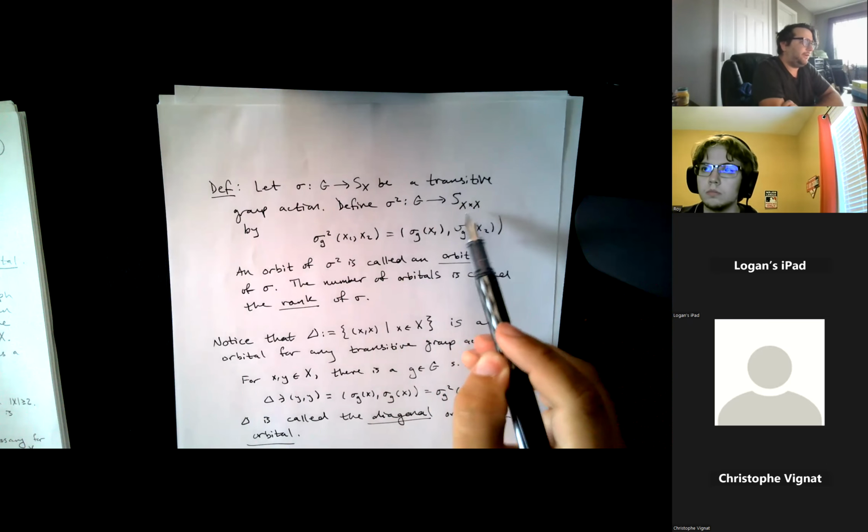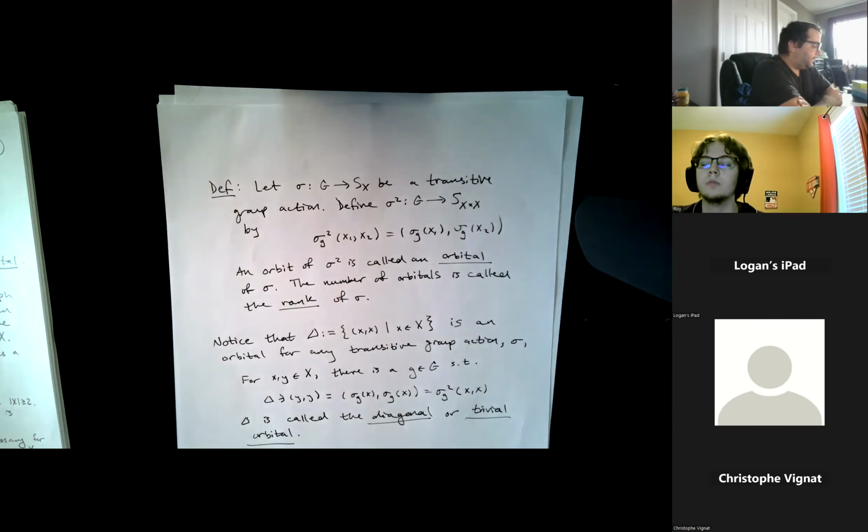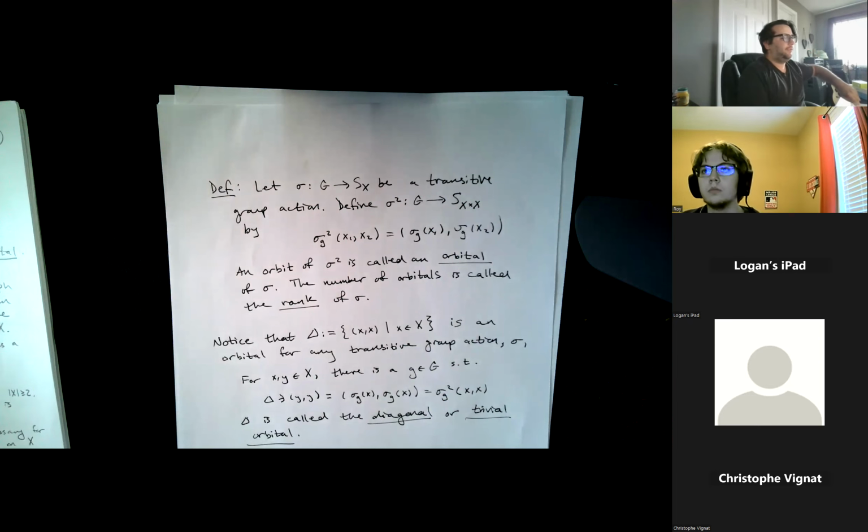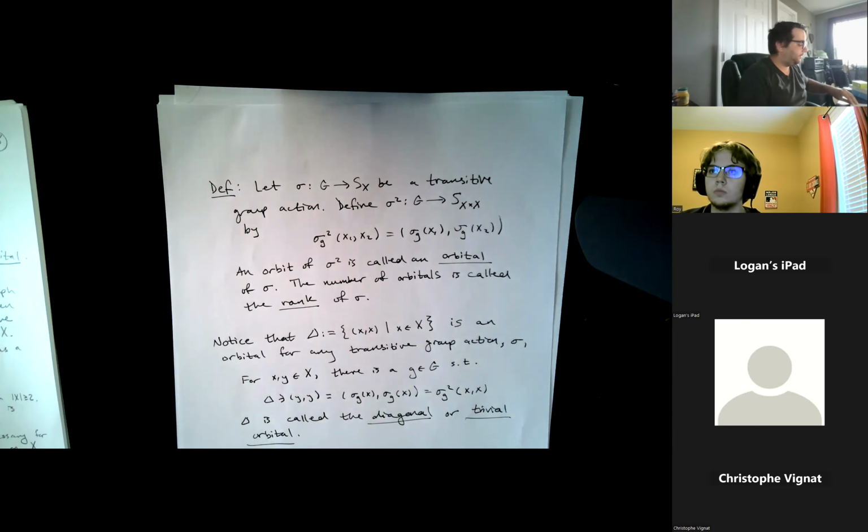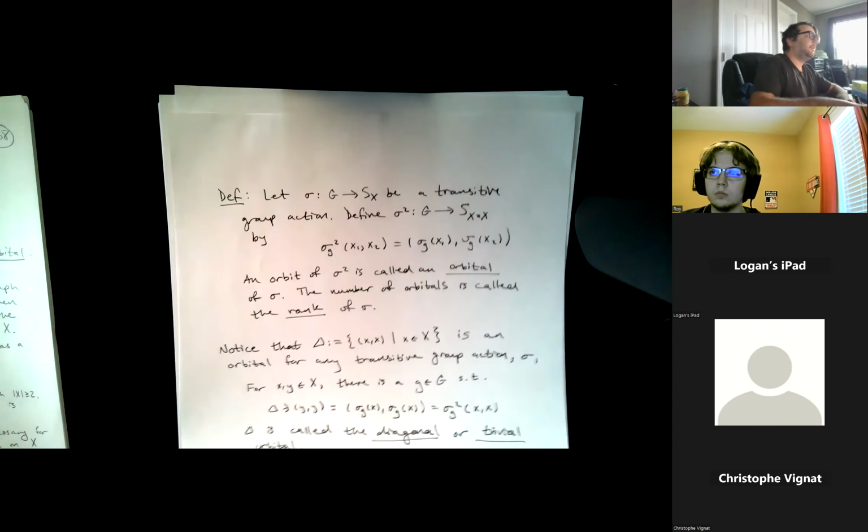That's why we have pairs here. The group G acts on the resulting graph as a vertex transitive group of automorphisms. So these bijections are automorphisms of the graph. That's one place you might consider studying this sigma 2 function.